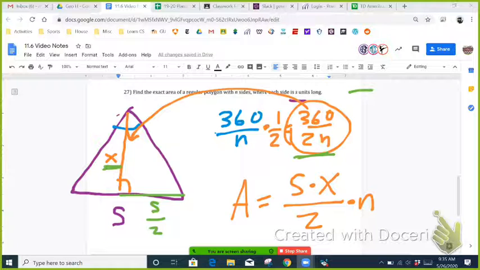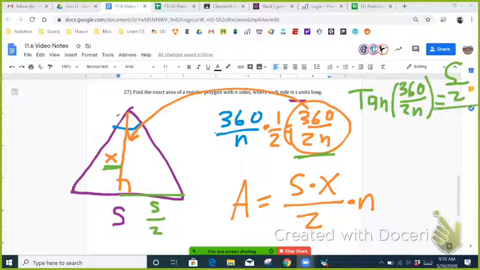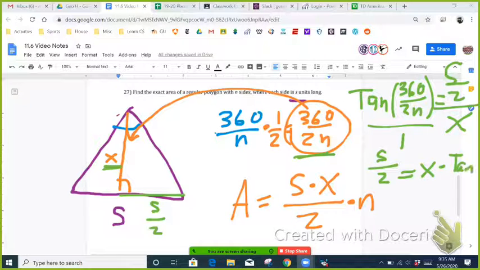So I get the tangent of 360 over 2n is equal to s over 2 divided by x. So then if you cross multiply, you get s over 2 is equal to x times the tangent of 360 over 2n. So then you have to get x alone.